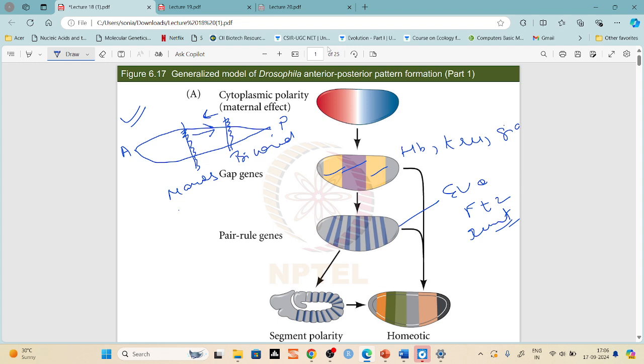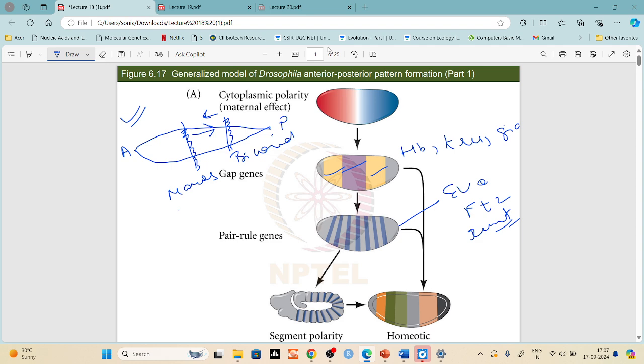Pair rule genes regulate the expression of segment polarity genes, and segment polarity genes regulate the expression of homeotic selector genes. Therefore, segments are further refined. So there are broad segments, those broad segments were further refined, then even more refinement will take place, and after that, purpose of each segment would be given. So this is a hierarchy in which it is going.